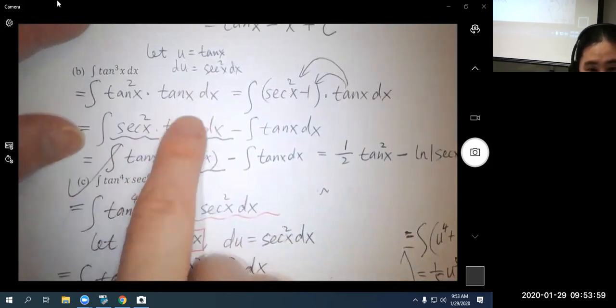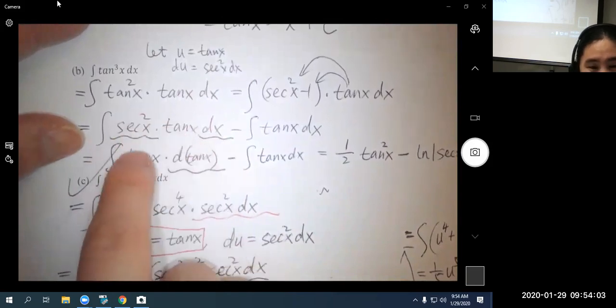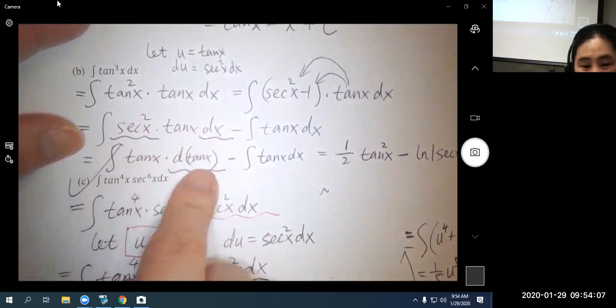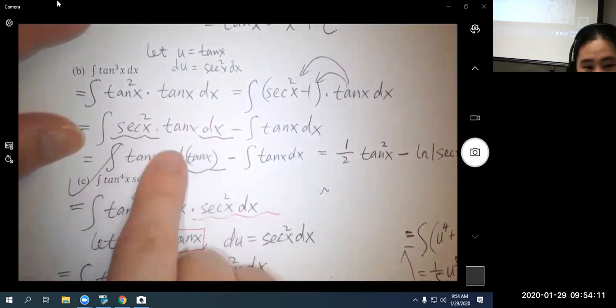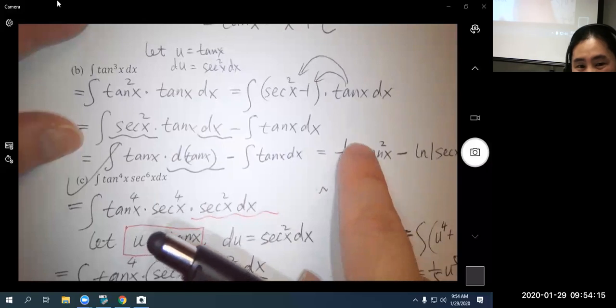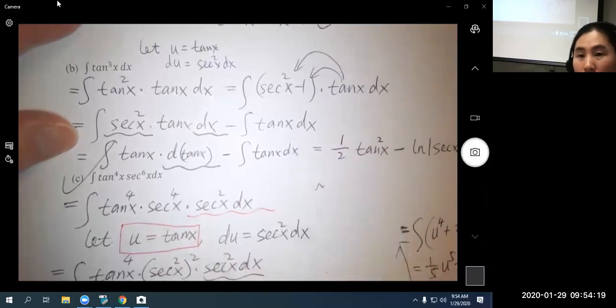Tangent of x is u. Secant of x squared dx is du. So this integral becomes u times du. What is the antiderivative for u? 1/2 u squared. u equals what? Tangent of x. So it's 1/2 tangent of x squared.